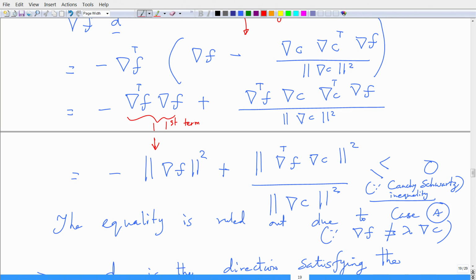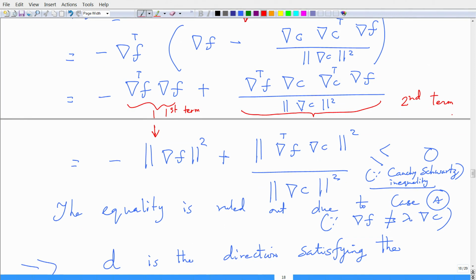In the denominator we have norm of del C square. So, this is the second term. What we have to observe is to get a feel for these quantities del F and del C that I have written down here.